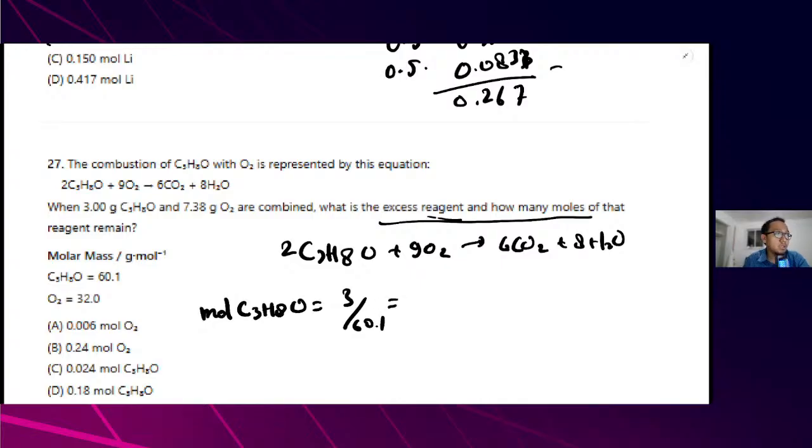So how much is it? Let me check it first. It will be 0.0499 mole.